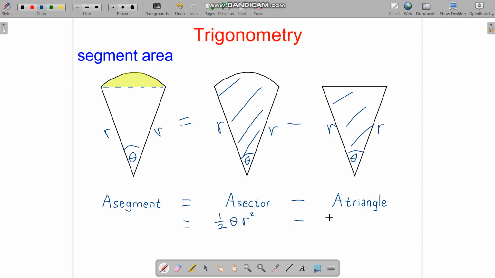Now the area of this triangle, using the sandwich rule, is 1/2 times b c, in this case r times r, so r squared, times sine of the angle. So the segment area, the yellow area, is equal to, we can simplify if you want to, 1/2 r squared times theta minus sine theta.